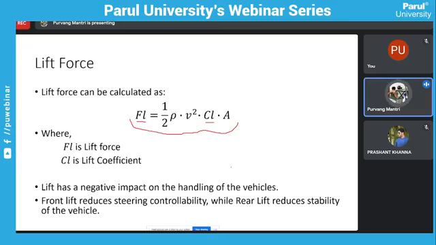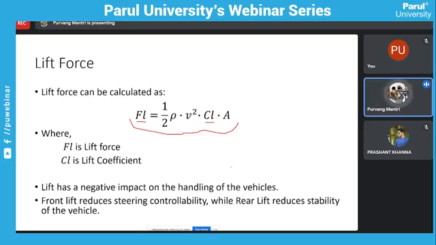So you might feel the vehicle become lighter on the front end, and whenever you give steering input, you will feel much less feedback than what it should be.